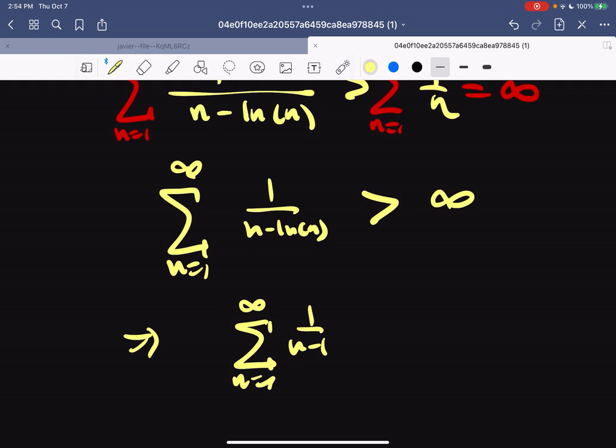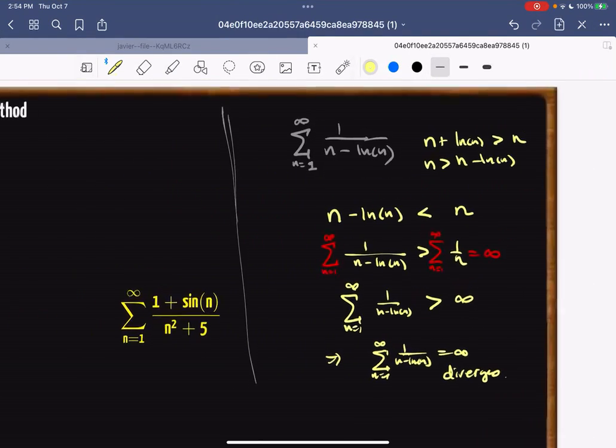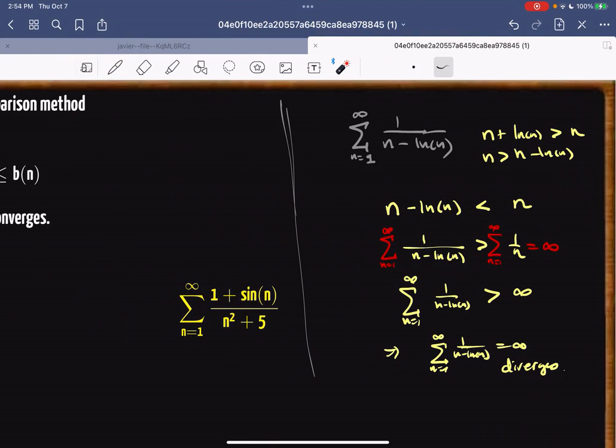So the summation of 1 over n minus ln of n diverges. See, in this case, we took something that was a bit complicated, but we noticed it was bigger than something that was much, much simpler. And we noticed that that thing was already equal to infinity. Since this one is bigger, it forces that one to be infinite and diverge.